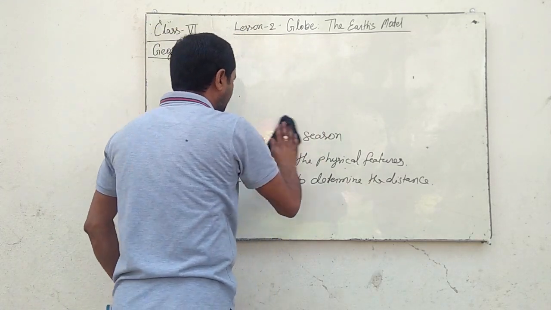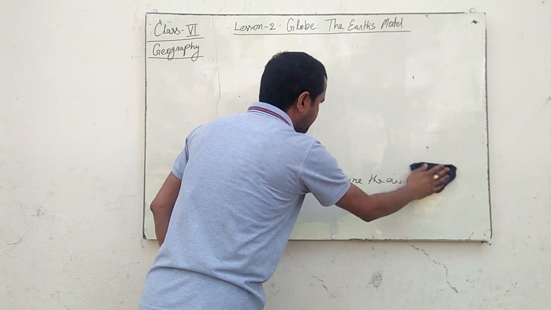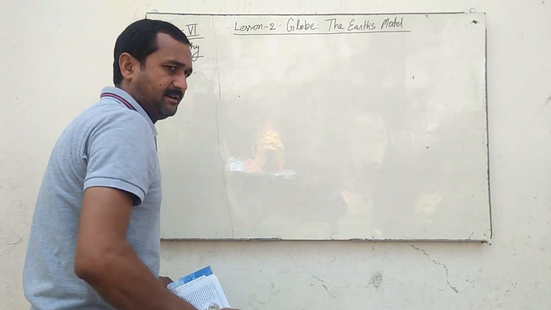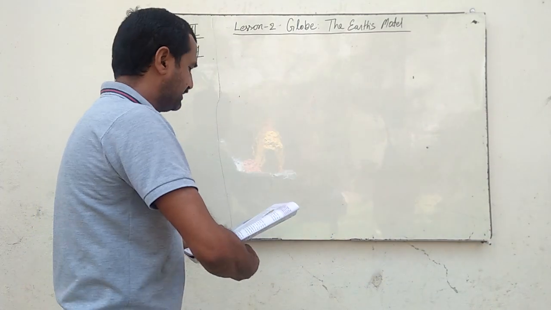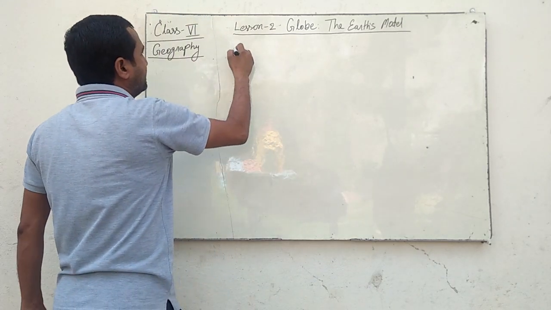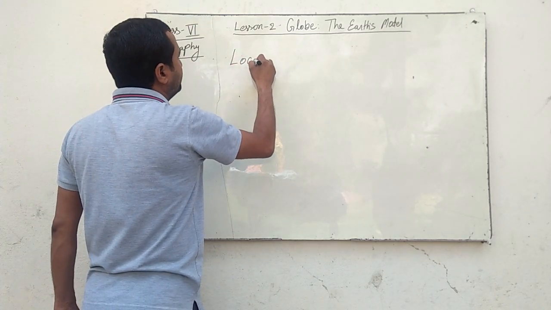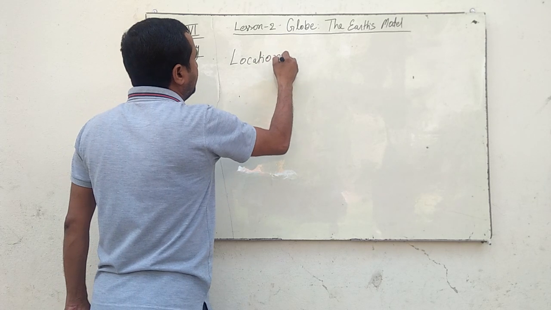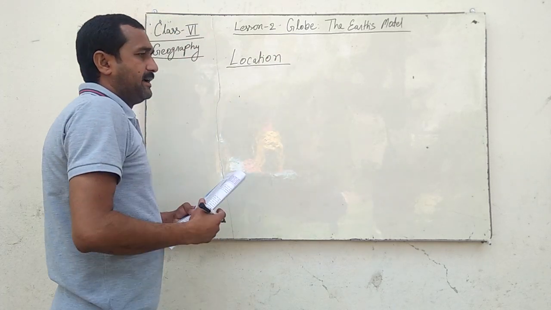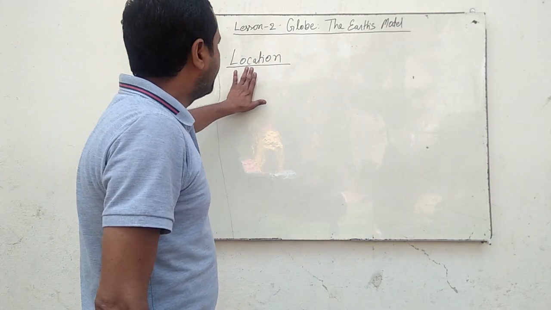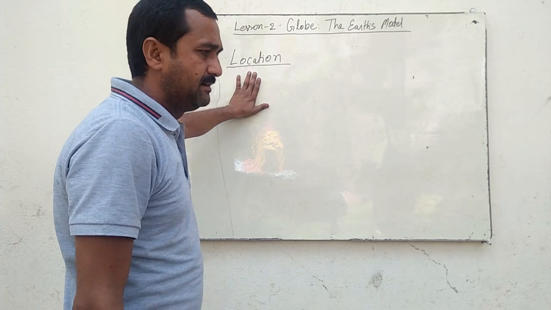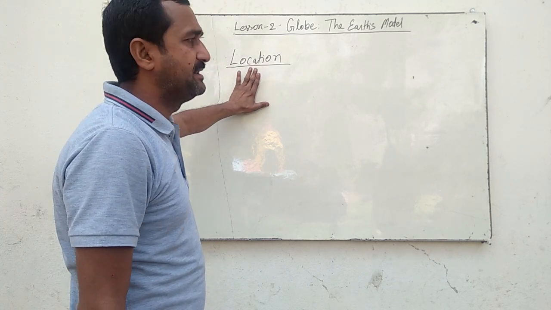Now let us move to some other topics that are given in the book. Location. It is one of the important concerns of geography to know the location of a particular place.